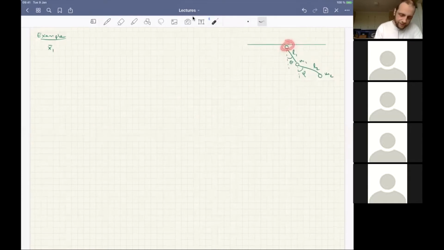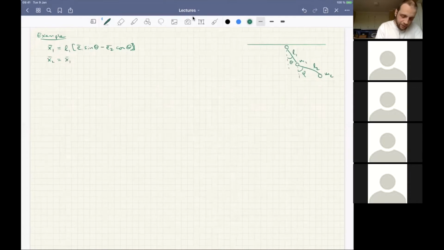this point here, then x1 is equal to L1 times e1 sine theta minus e2 cosine theta, while x2 is going to be exactly the same.